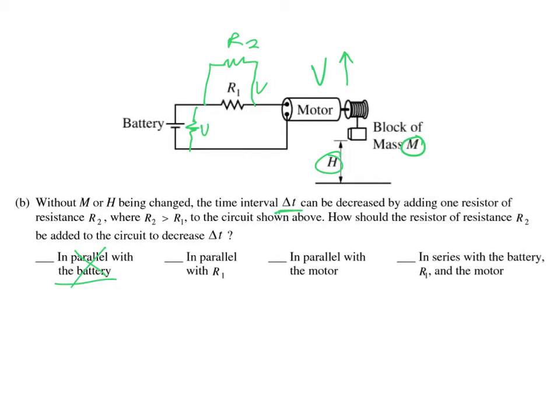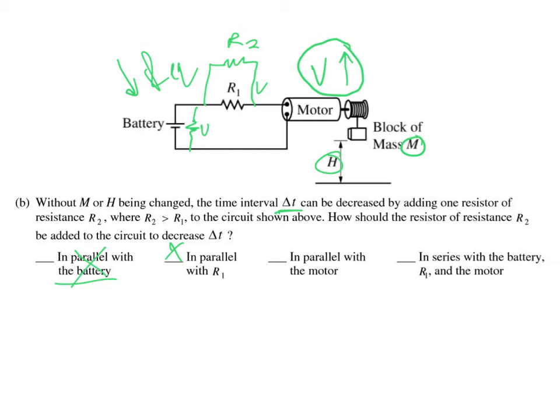So I have to think, what happens to the equivalent resistance when I add that in parallel? Anytime I have resistors in parallel, my equivalent resistance is going to go down. So if my equivalent resistance goes down, the current's going to go up, and that will cause this voltage drop to go up. So this is actually the correct answer right here.